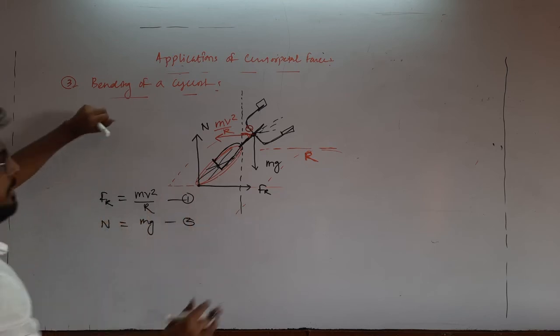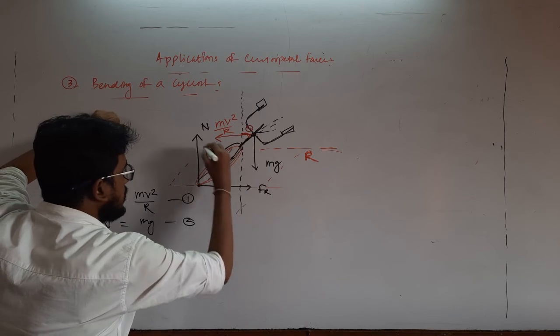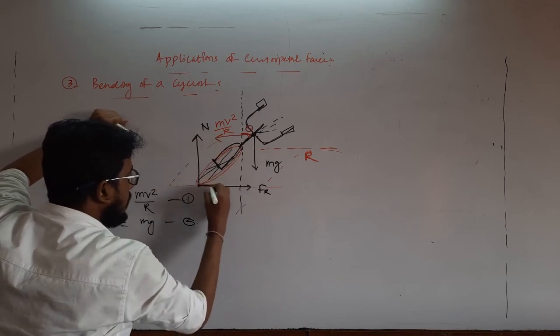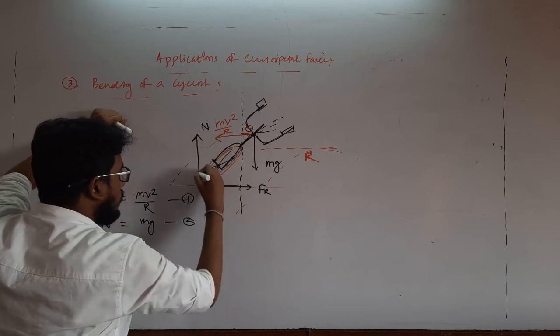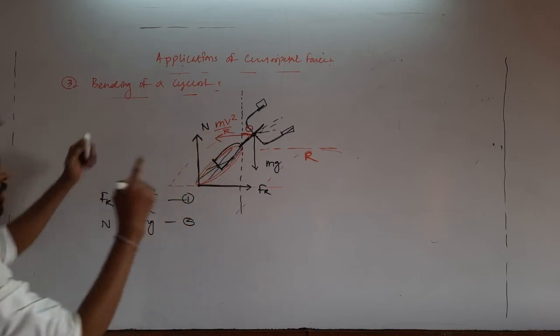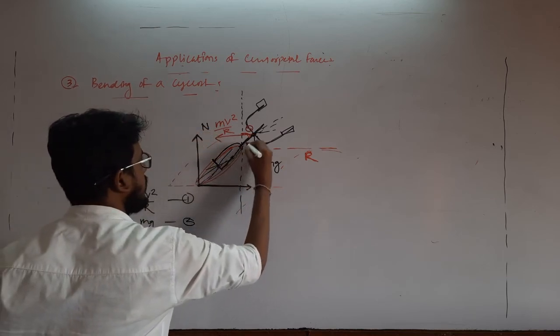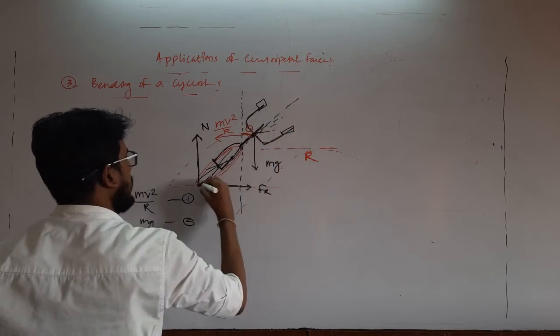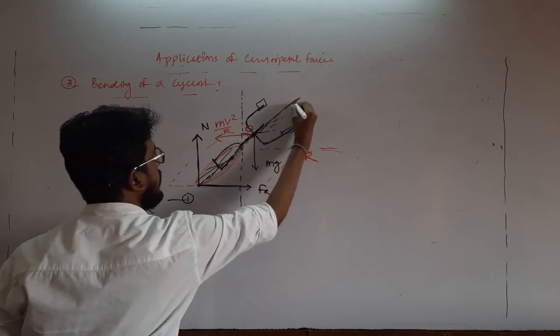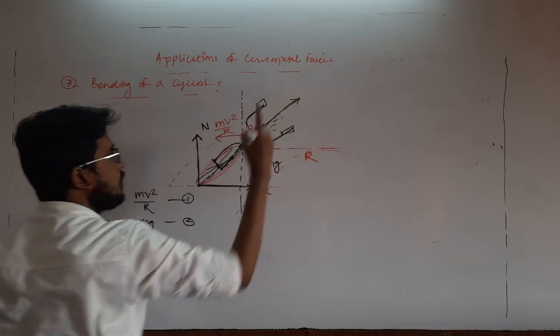Clear? Okay, then as the normal reaction and the frictional force are two contact forces, the net resultant contact force will be this one, like this. This is the direction of the net resultant contact force. Clear?